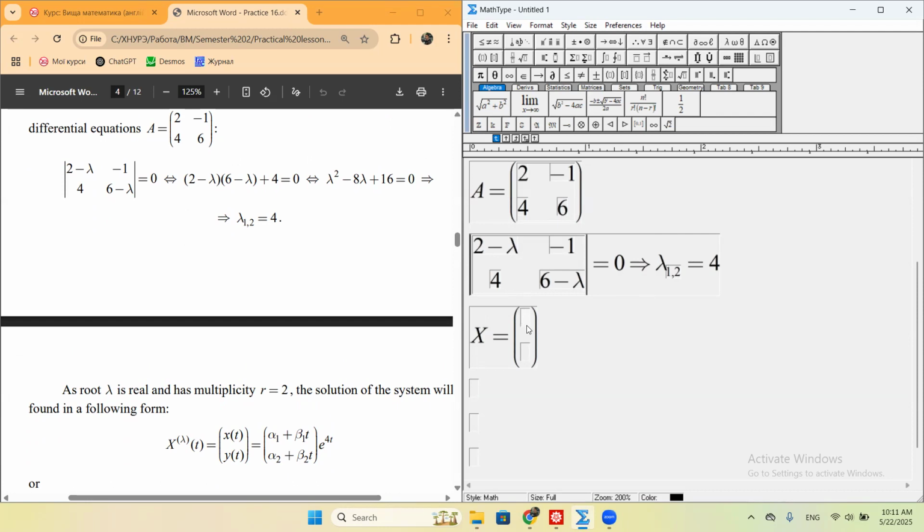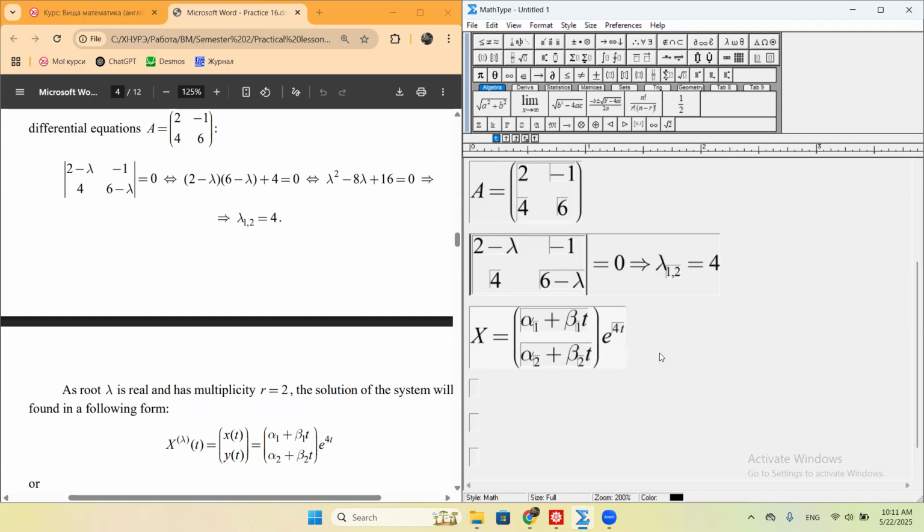Let me write down how it will look like. Alpha 1 plus beta 1 t, and here will be alpha 2 plus beta 2 t, multiplied by e to the power of 4t. Here we just have linear functions multiplied by an exponent.